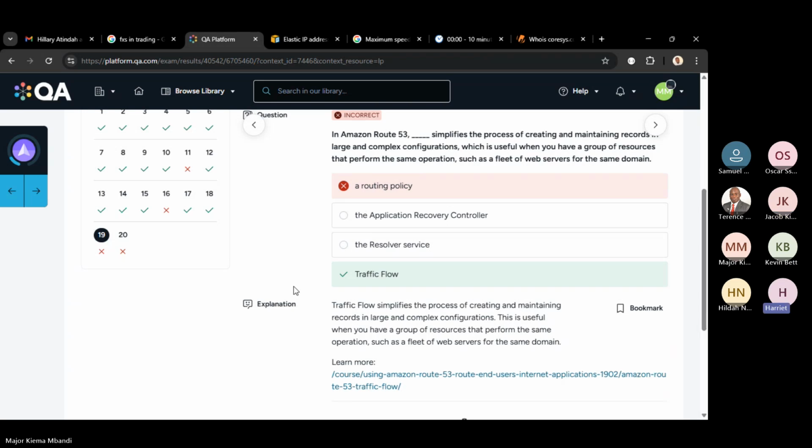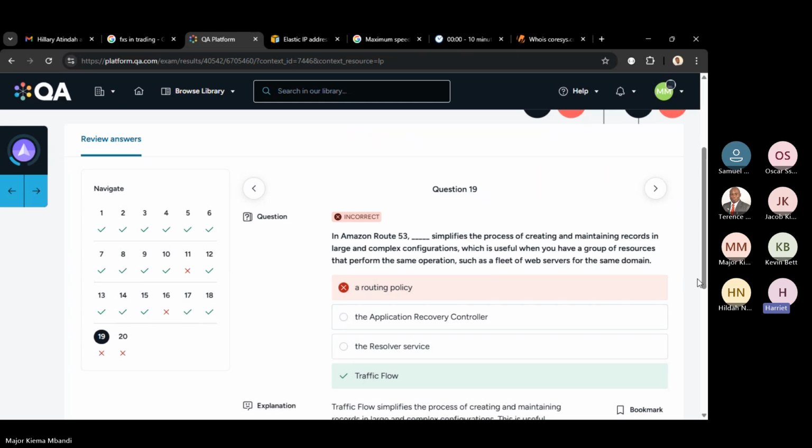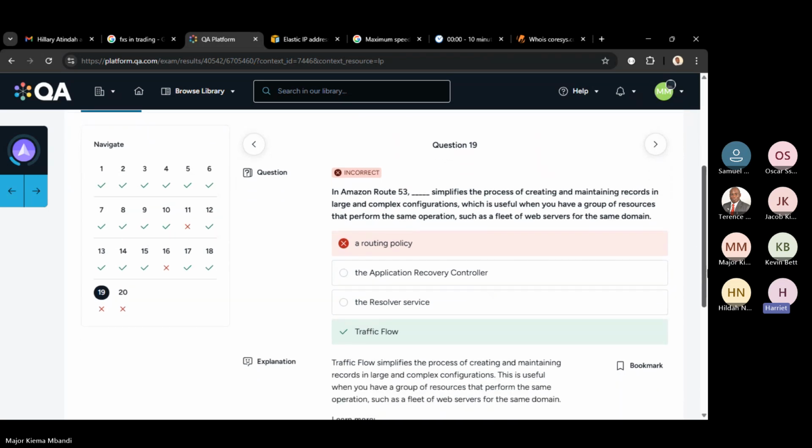Question 19 says, in Amazon Route 53, dash simplifies the process of creating and maintaining records in large and complex configurations, which is useful when you have a group of resources that perform the same operation, such as a fleet of web servers for the same domain.